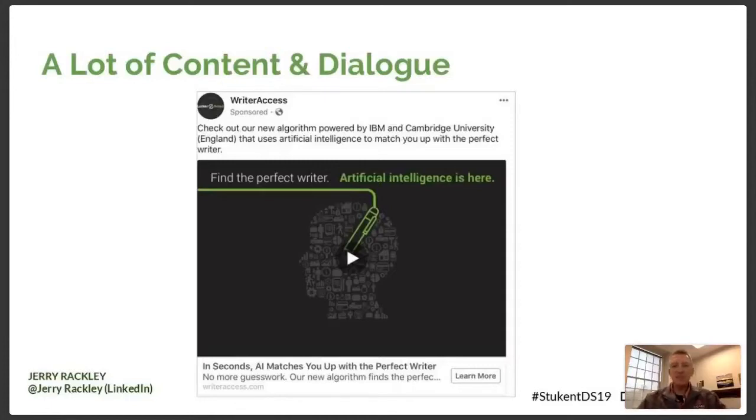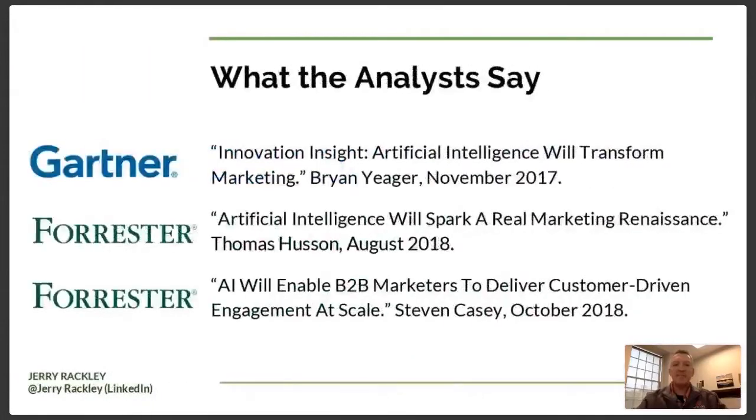So let's move into what the analysts are saying. One of the best sources, I think, of information about the leading edge of AI in marketing comes from some of these analyst firms. Here I have three fairly recent pieces of research, one of which goes back to November 2017, and these analyst firms provide some good insight.